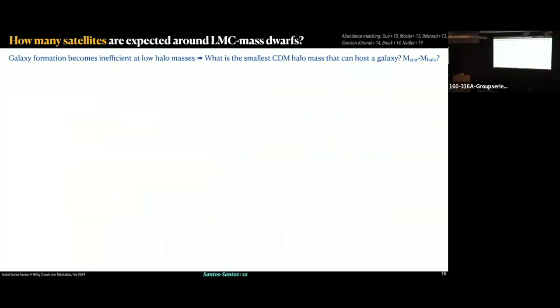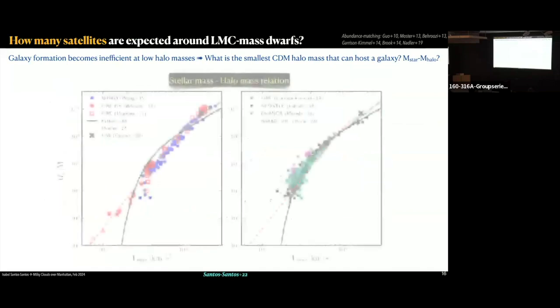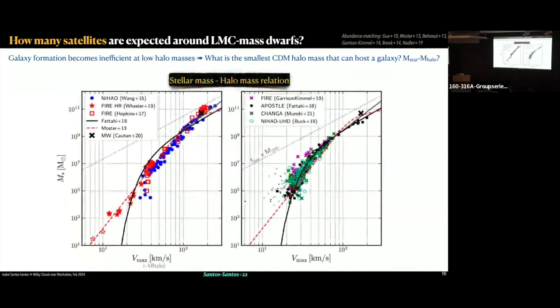Well, this will depend on how we populate small halos. This is essentially the same as asking, what is the stellar mass halo mass relation at the low mass end? There's no consensus yet on this, and I illustrate this with this figure, which shows the stellar mass halo mass relation for simulated dwarfs from different simulations using different models and different resolutions.